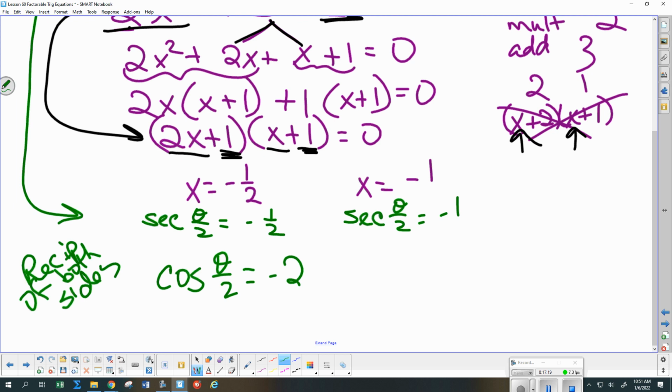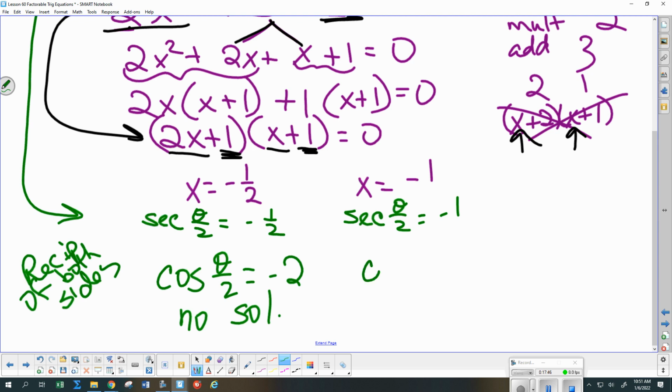Where on the unit circle is the cosine -2? So start here and it's 1, and I go up to the top and it's 0, and I go over here and it's -1, and then I start getting back. Do I ever get over as far as -2? No, cosine is always between plus and -1, so that can never happen. So that factor gives no solutions.